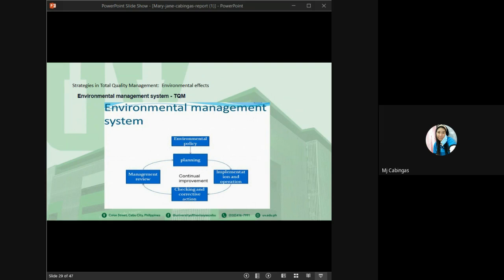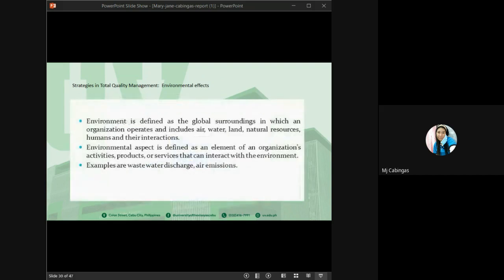So environment is defined as the global surroundings in which an organization operates and includes air, water, land, natural resources, humans, and their interactions. And then environmental aspect is defined as an element of an organization's activities, products, or services that can interact with the environment. So examples are waste, water discharge, and air emissions.